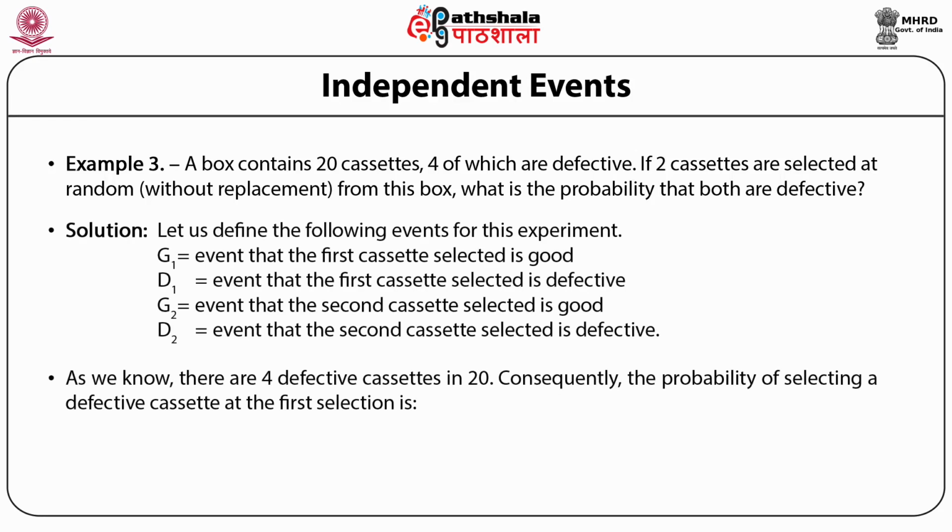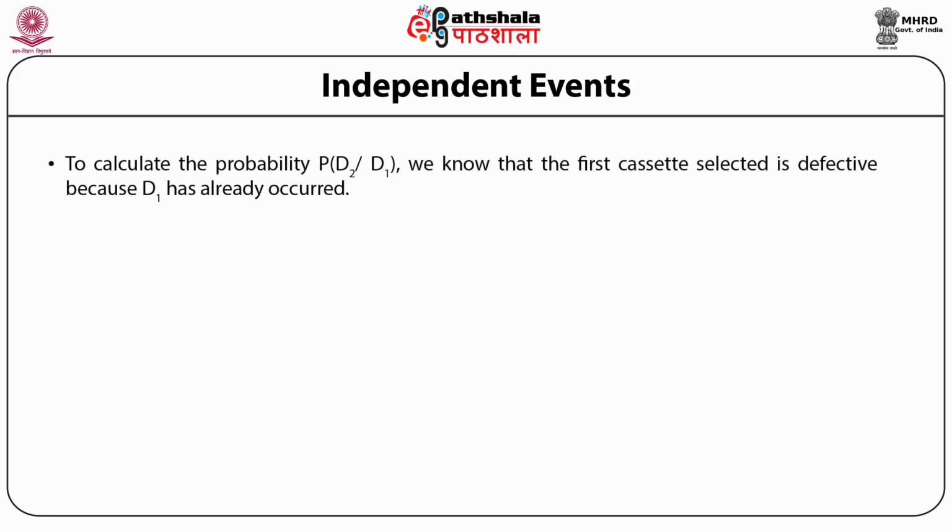As we know, there are 4 defective cassettes in 20. Consequently, the probability of selecting a defective cassette at first selection, probability of D1, is 4 by 20, because 4 defective cassettes out of 20. To calculate the probability of D2 when D1 is already given, we know the first cassette selected is defective because D1 has already occurred.